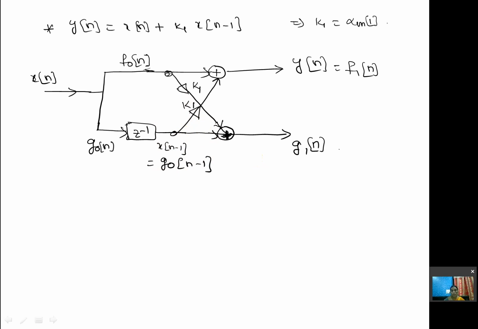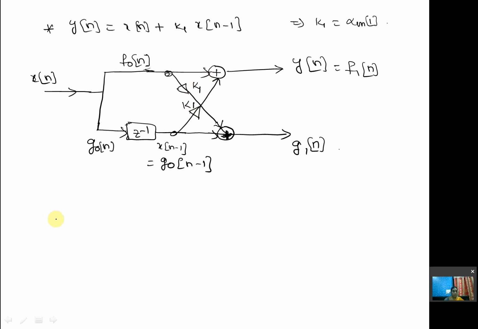That means this structure is repeated and the same structure is used to implement m stage filters, or m number of realizations, m number of filters. That means here is one filter, first order filter. Next, if you add the same first order filter, it becomes second order filter. If you add another first order filter, it becomes the third order filter, like that.